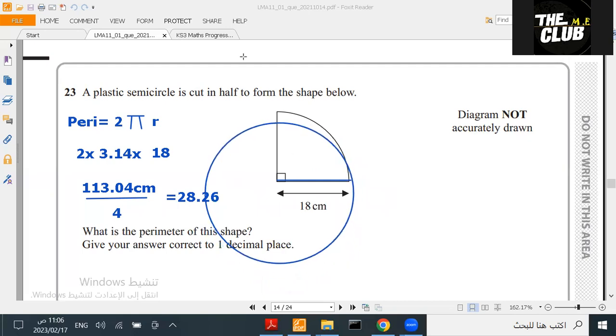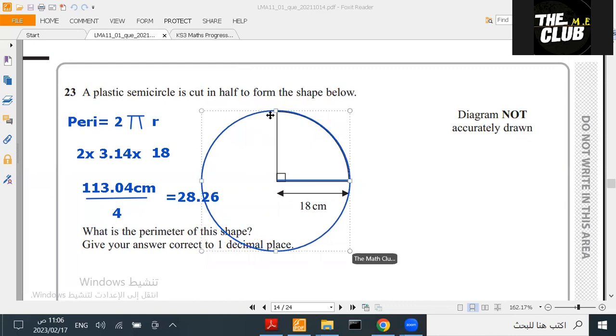I don't want 3 of them, I want one. That's why I divide by 4.